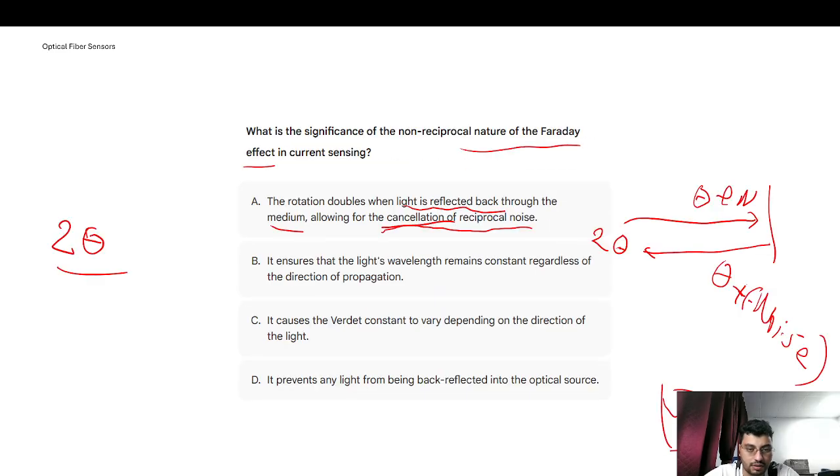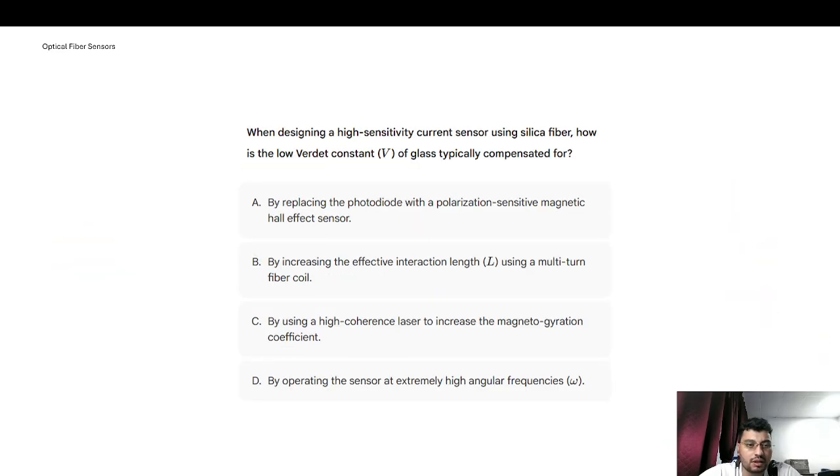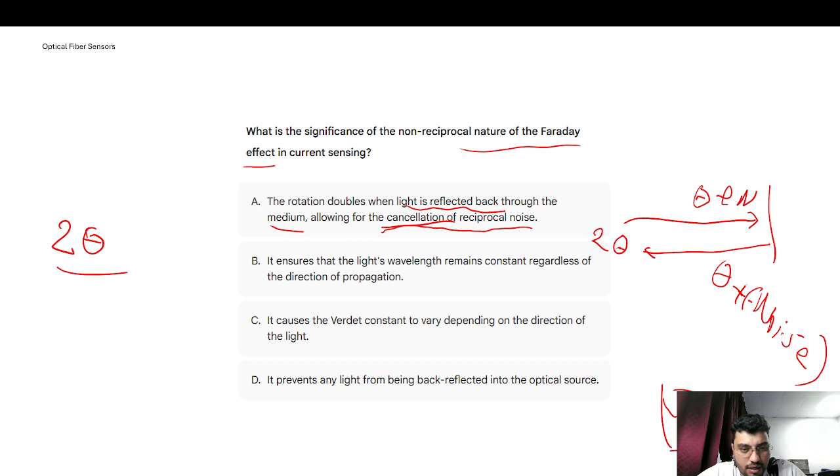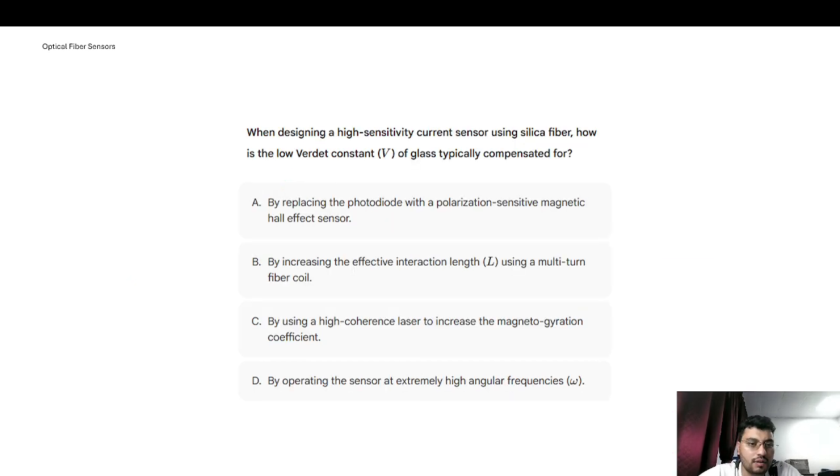Okay, we have 2 more questions now. When designing a high sensitivity current sensor using silica fiber, how is the low Verdet constant V of glass typically compensated for?